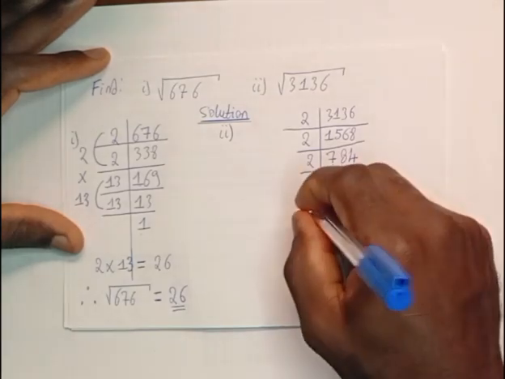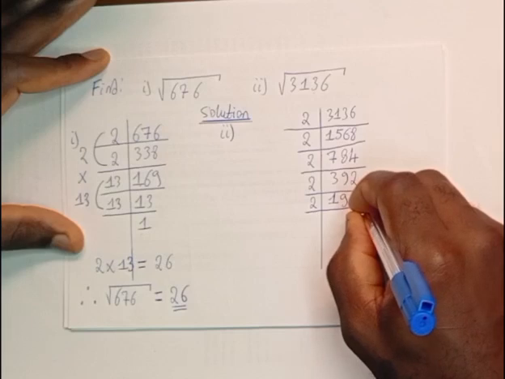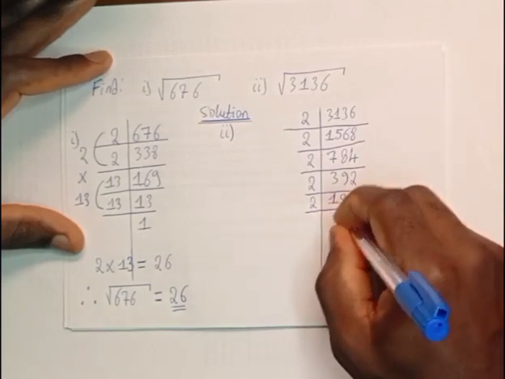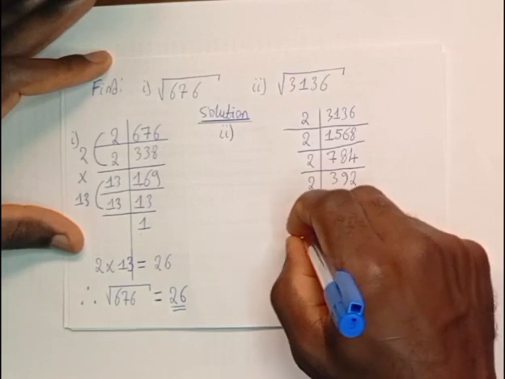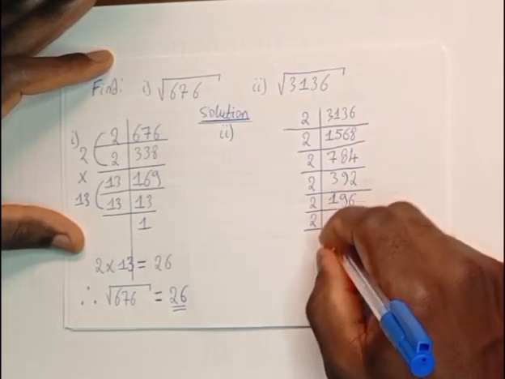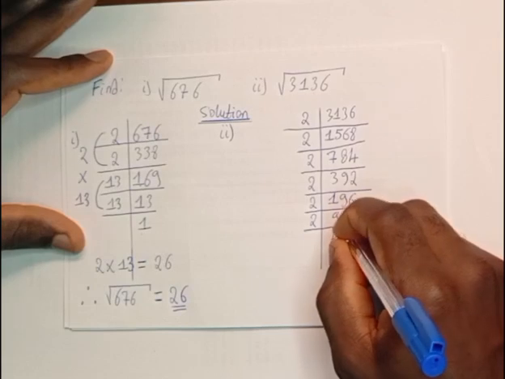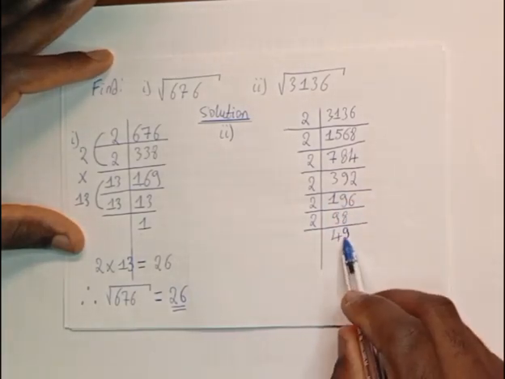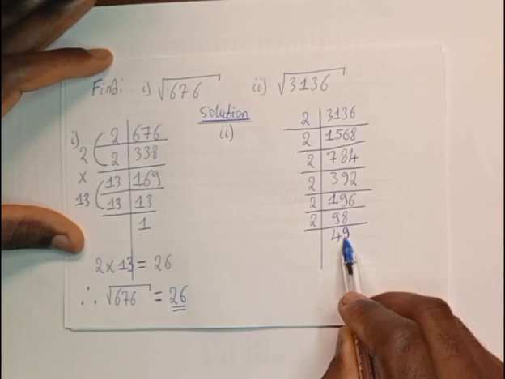We divide 196 by 2, it gives us 98, which is an even number. We bring down 2 again, we divide 98 by 2, it gives us 49. 49 is not an even number. 49 is a multiple of the prime number 7. 7 times 7 gives us 49.